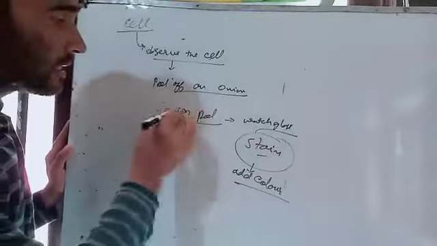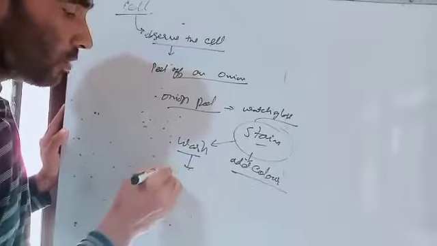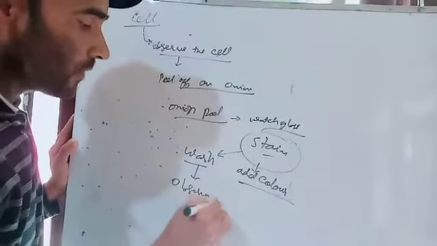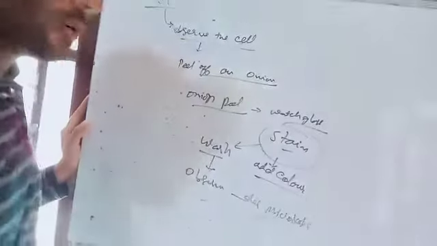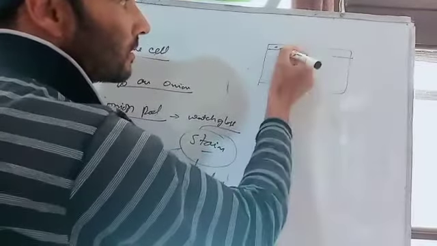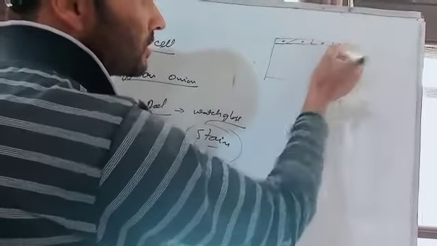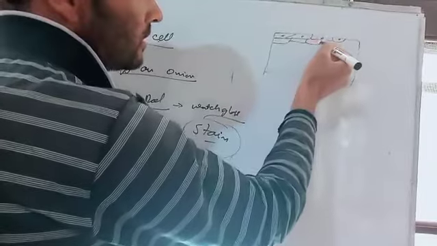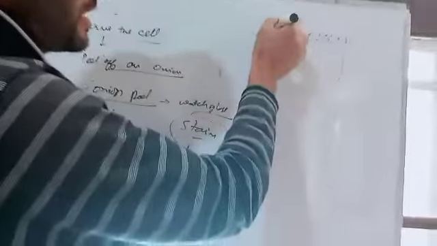Then we wash that onion peel and observe it under a microscope. When we observe this under the microscope, we will see wall-like structures, and these structures are cells.